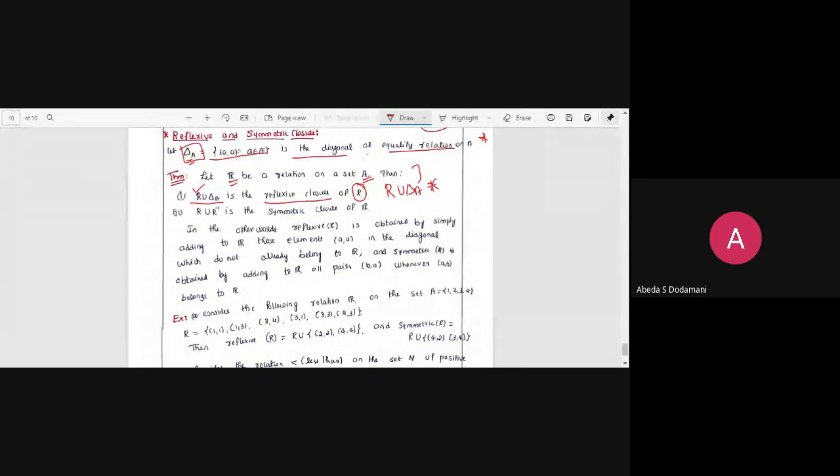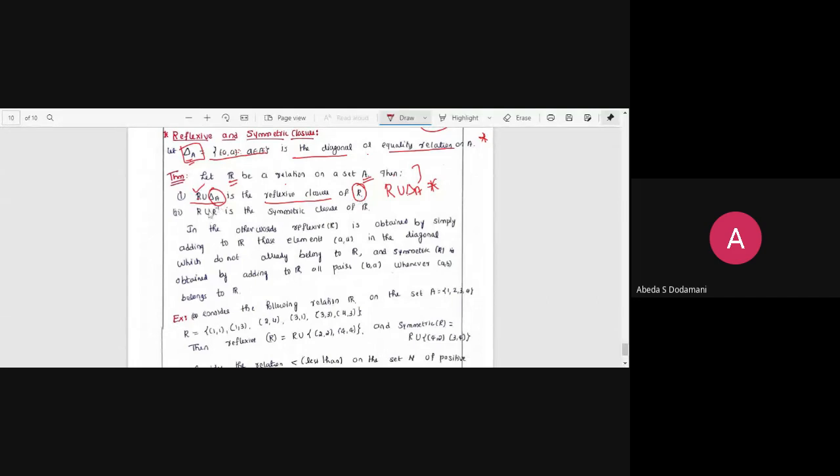Why the closure properties were required is, sometimes we will not be having what we want. So for that, we should convert by doing some additional operation. This closure operation is the additional operation in order to convert the non-reflexive, or you can say irreflexive, one to the reflexive. So by including all the reflexive elements into whatever relation is given, it automatically becomes the reflexive closure.